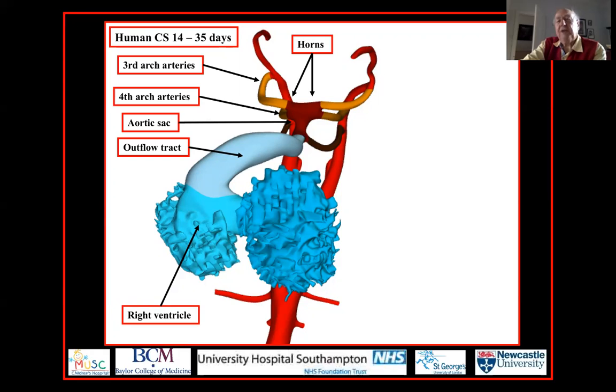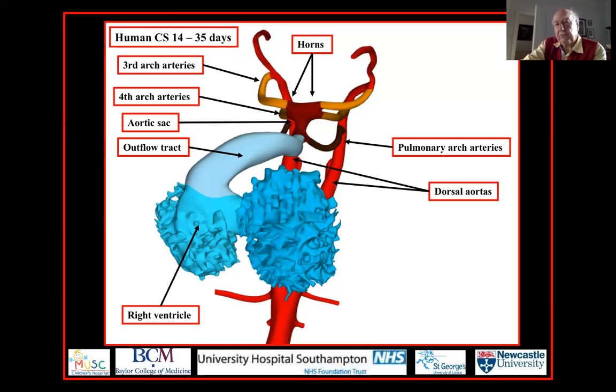And at this stage, there is symmetry. So the arteries percolating through the pharyngeal mesenchyme at this stage on both sides encircle the developing gut, and give rise to the dorsal aortas, as do the pulmonary arch arteries, which at this stage are also bilaterally symmetrical.